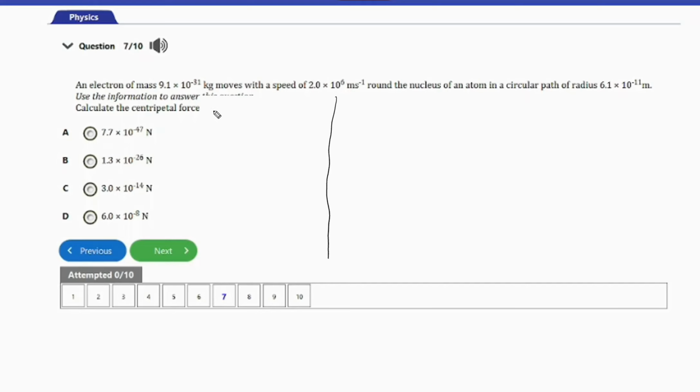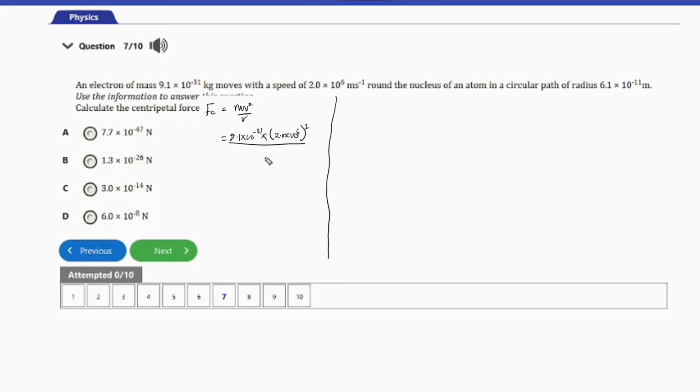So guys, for this question, we are simply going to use the centripetal force, Fc, is equal to mv squared over r, where m is the mass of the electron, v is the speed here, and r is the radius of the path. So we have mass 9.1 times 10 to the power of negative 31 times the square of the speed, that's 2.0 times 10 to the power of 6 squared.